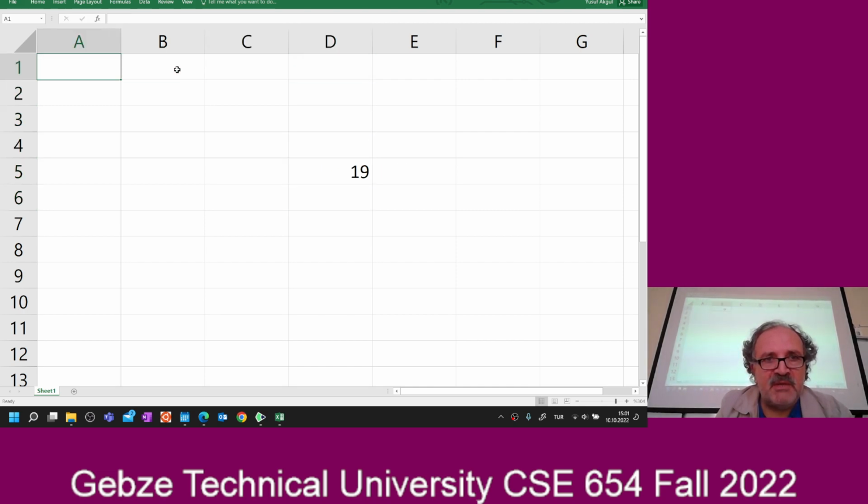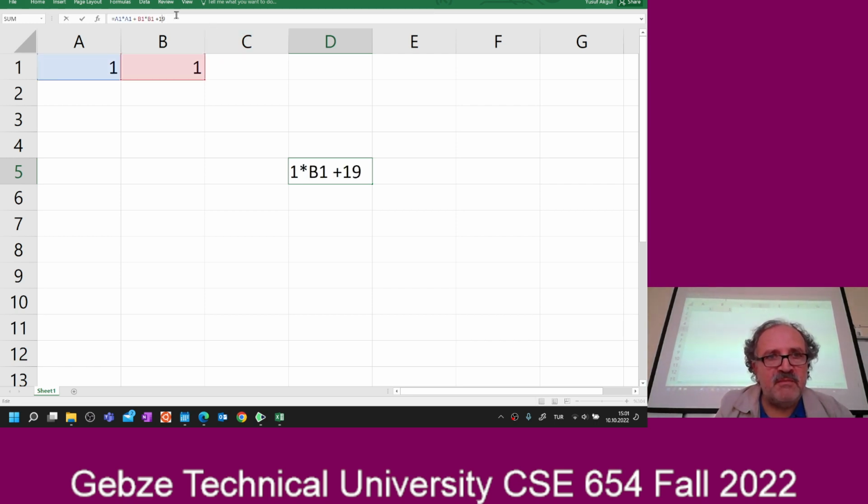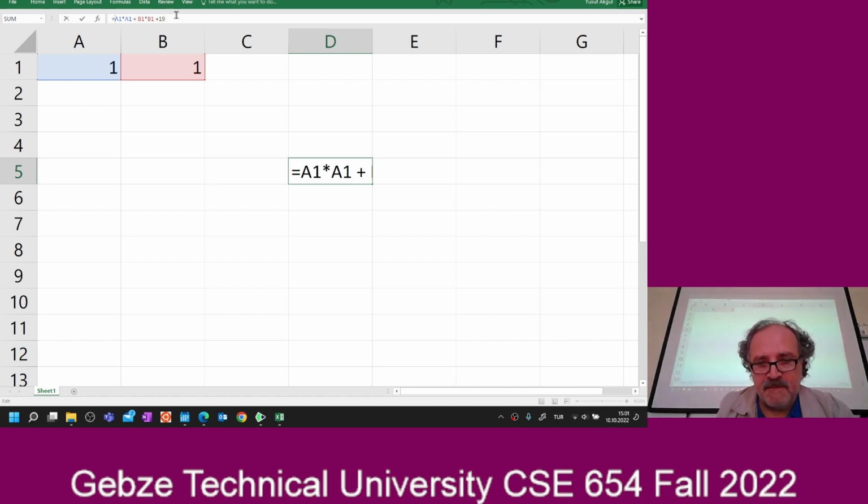Let's put some numbers in here, 1 and 1. I like to minimize this. So what am I going to do? Maybe I should make these absolute references. Move this cell to C and copy down. Yeah, that's what I'm going to do. A1 and that and that.